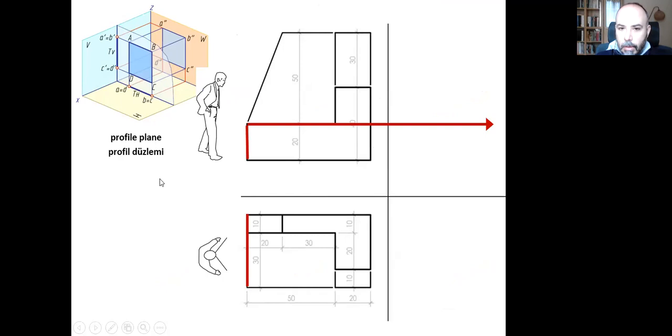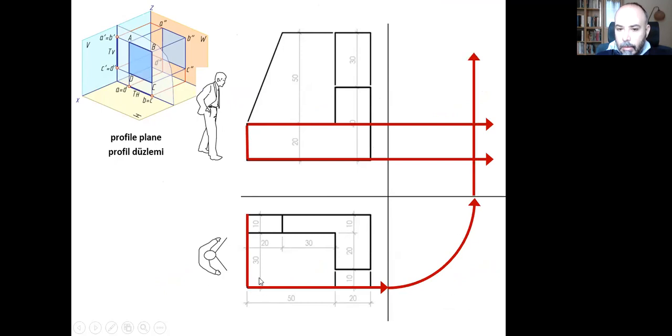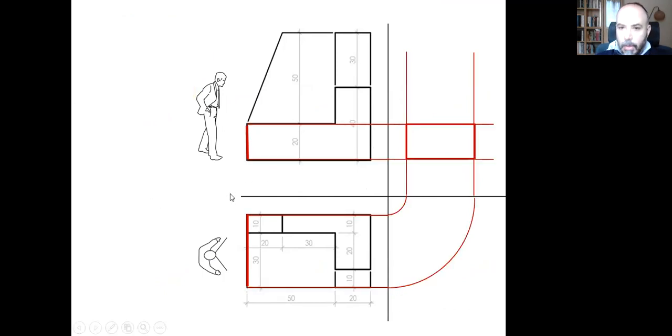So this is what I need to do. I need to transfer the levels first, and then I can transfer the start point, the front end point of the line, and then transfer the other endpoint of the line, and right in front of me, there appears a rectangle. So this is probably the left side view of this surface here. Let's keep it like this and move on.